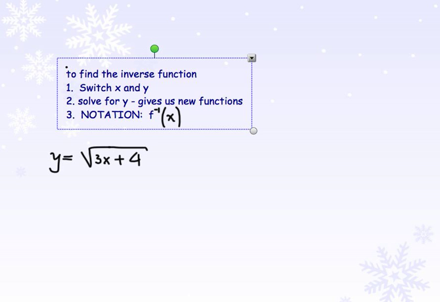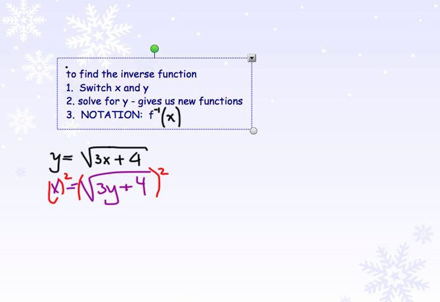So step 1 says we're going to switch the x and y. So you're going to get x is equal to the square root of 3y plus 4. All right. And then we're going to solve for y. So to undo that square root so that I can free up everything that's underneath it, I'm going to square both sides.